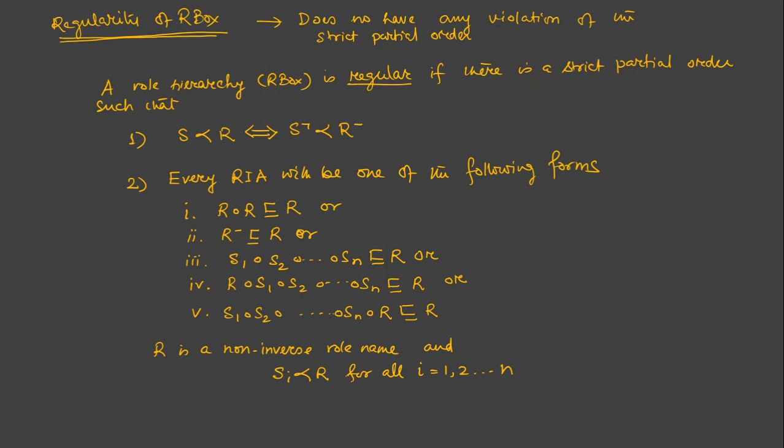Right. Now with this definition, let us take two examples and check which category they will belong to, whether they are regular or irregular. So the first example that we would like to have is, say, is a proper part of, and let us try to make this a subproperty of is part of.